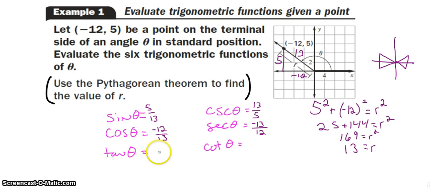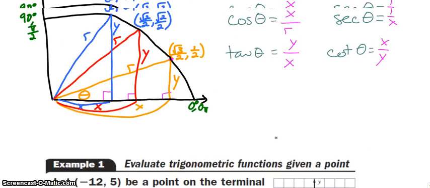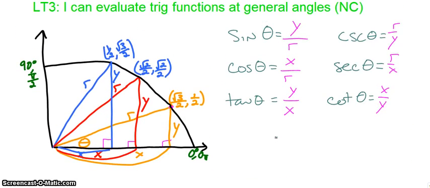And then for tangent, we have our opposite over adjacent, or our y value over our x value. So 5 over -12, and then just flip it. So it's going to be a process with these. Like I said, you can draw the triangle for reference. However, your ratios, in terms of y, x, and r, will always work out.